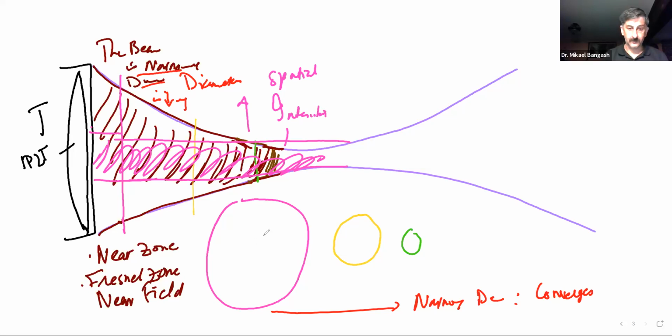Right, as I said, what mainly happens is that at some point, the beam is going to stop narrowing down any further. Clear? That is mainly because the beam happens to reach its narrowest point.